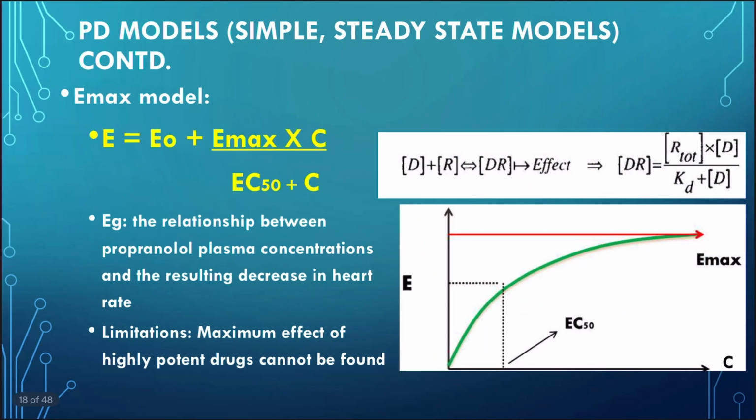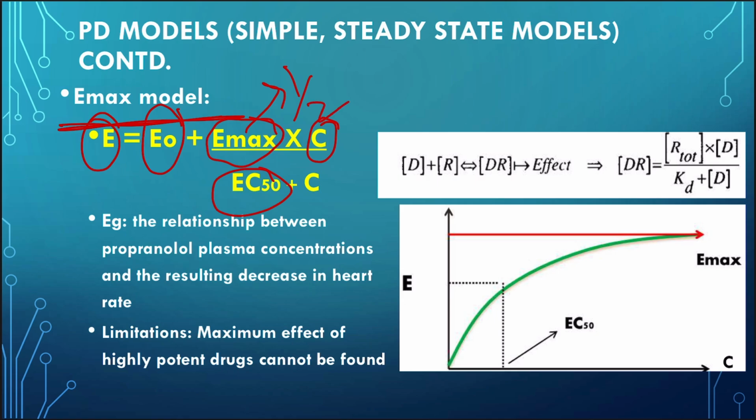Now coming to the next one, the Emax model. In the Emax model, the equation is as follows: E, the final effect, is equal to the baseline effect E naught plus Emax, the maximum effect, into the concentration of drug divided by EC50, the concentration of the drug responsible for producing half of the Emax, plus the concentration.